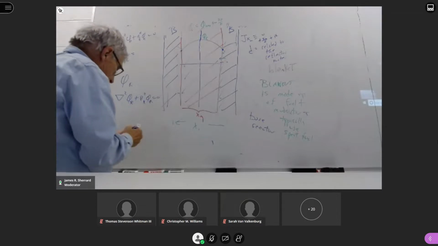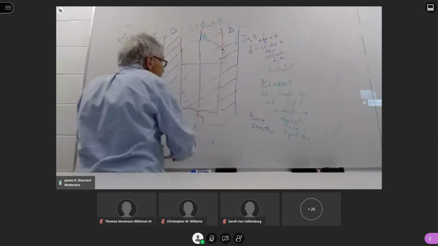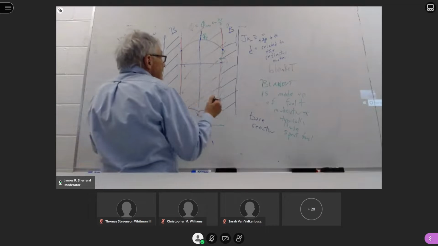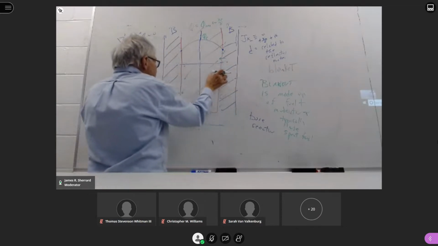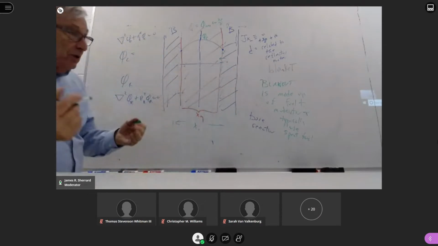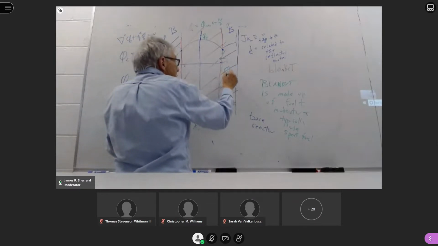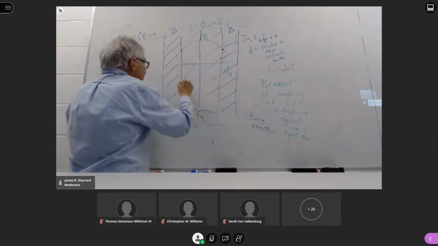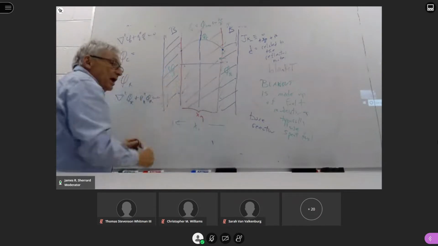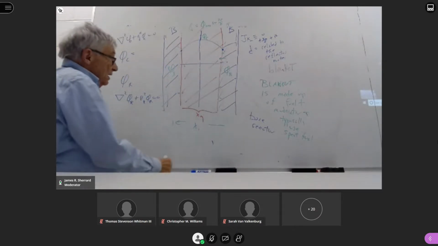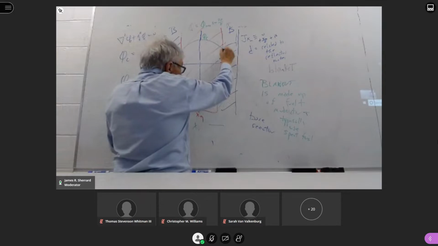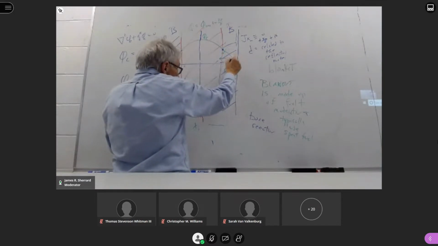And as you might expect, since this and this are separate from this, there will be a flux in the blanket. And again, it's going to have its own unique shape.